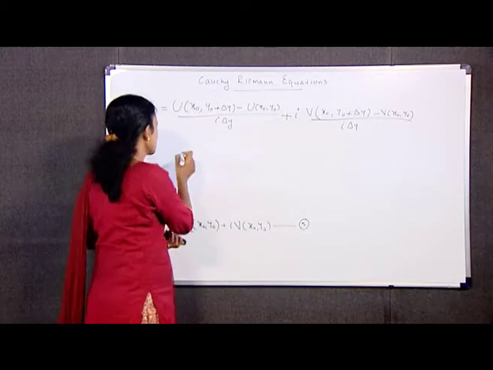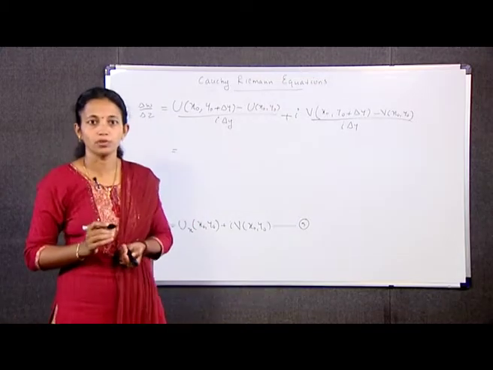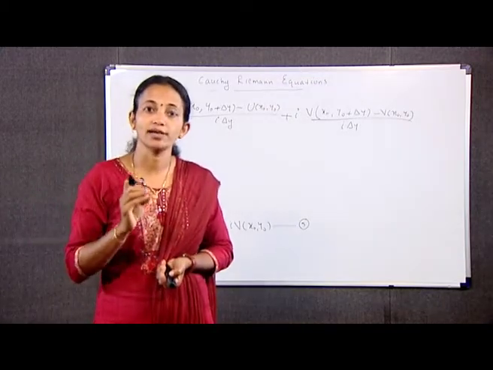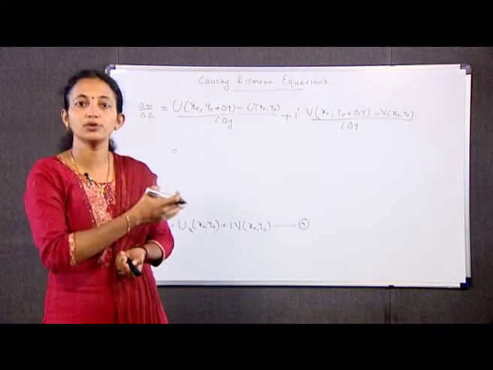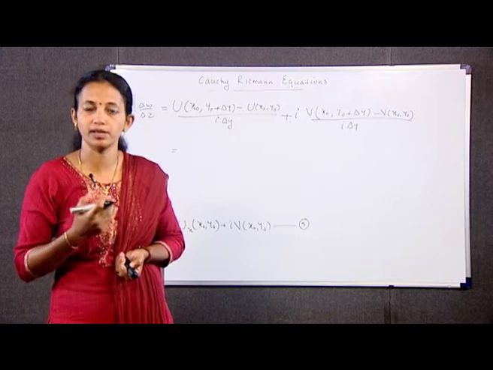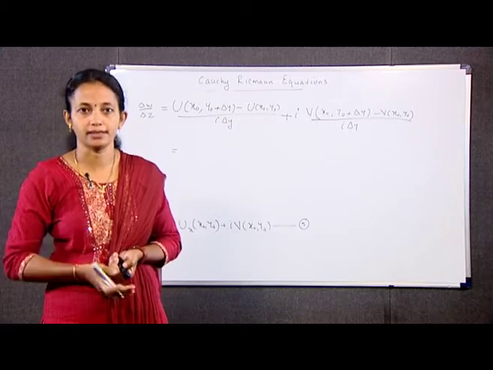This I can write as [v(x0, y0 + delta y) - v(x0, y0)] minus i into [u(x0, y0 + delta y) - u(x0, y0)] by delta y.